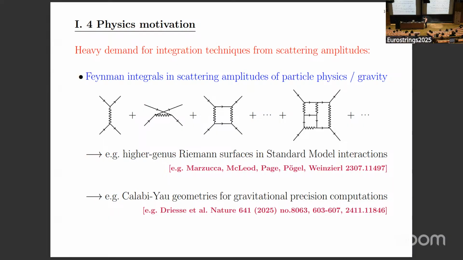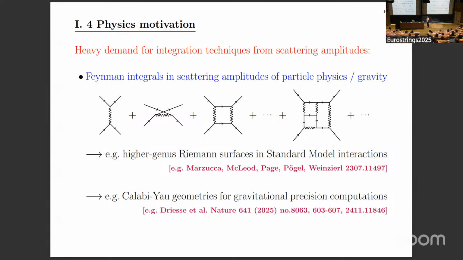For instance, for certain Standard Model interactions, such as t t-bar production or Møller scattering of electrons, you should be able to deal with Riemann surfaces of genus 2 and higher. So there are specific two-loop processes, experimentally relevant, where the answer is, in one way or another, a genus 2 polylogarithm function.